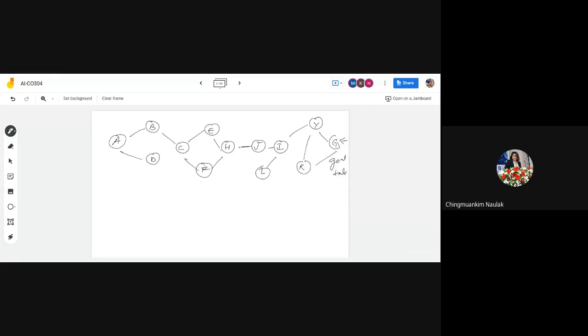G is the goal state. So traverse this using bidirectional search. So this is the assignment.